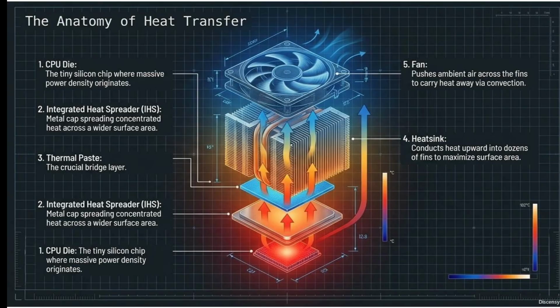So we have multiple layers: thermal paste, two layers of CPU dies and two layers of integrated heat spreaders. And we have a fan which pushes ambient air across the fins to carry heat away via convection. And we have the heat sink, which conducts heat upward into dozens of fins to maximize the surface area. So this is the anatomy of heat transfer when it comes to a CPU.